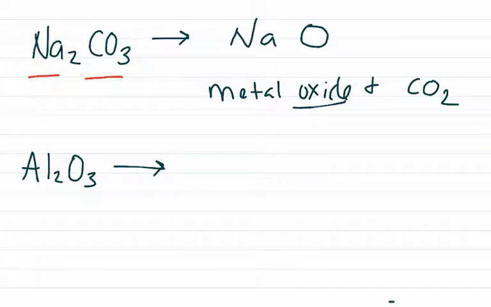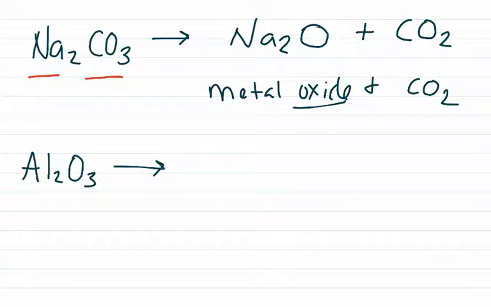Since sodium is a metal and oxygen is a nonmetal, we have to determine the charges to make sure that the compound is electrically neutral. In this case, since oxygen is 2 minus and sodium is 1 plus, we need an extra sodium atom to make sure it's neutral. So sodium oxide looks like this, and then whenever a metal carbonate breaks up, carbon dioxide will be a product.